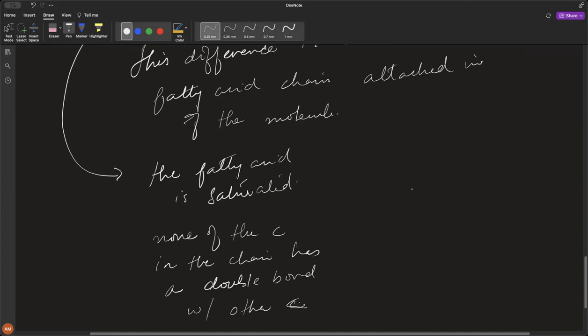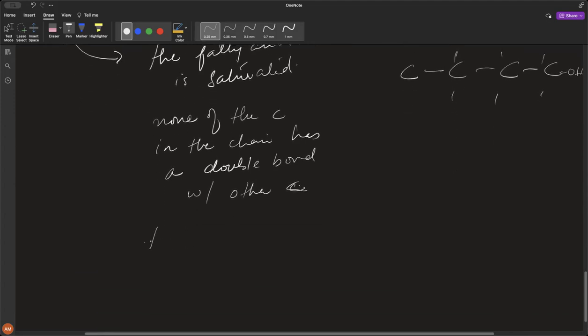Right? Fatty acid chain, how are they? Organic compounds are joined like this, right? Hydrogen, hydrogen, hydrogen, OH or something like that maybe. None of the carbon has a double bond.